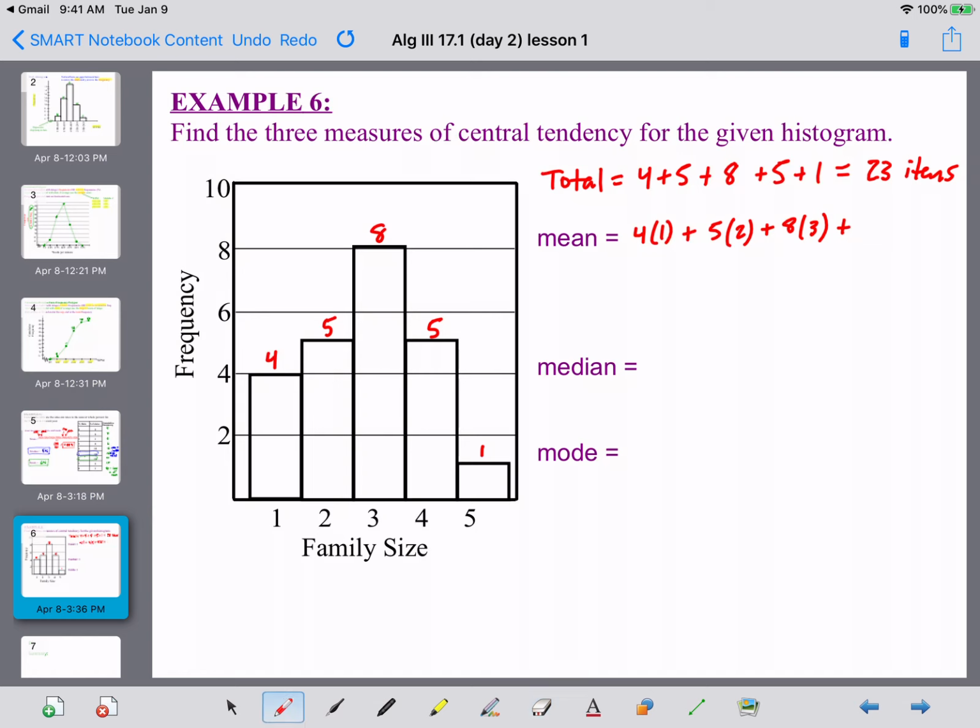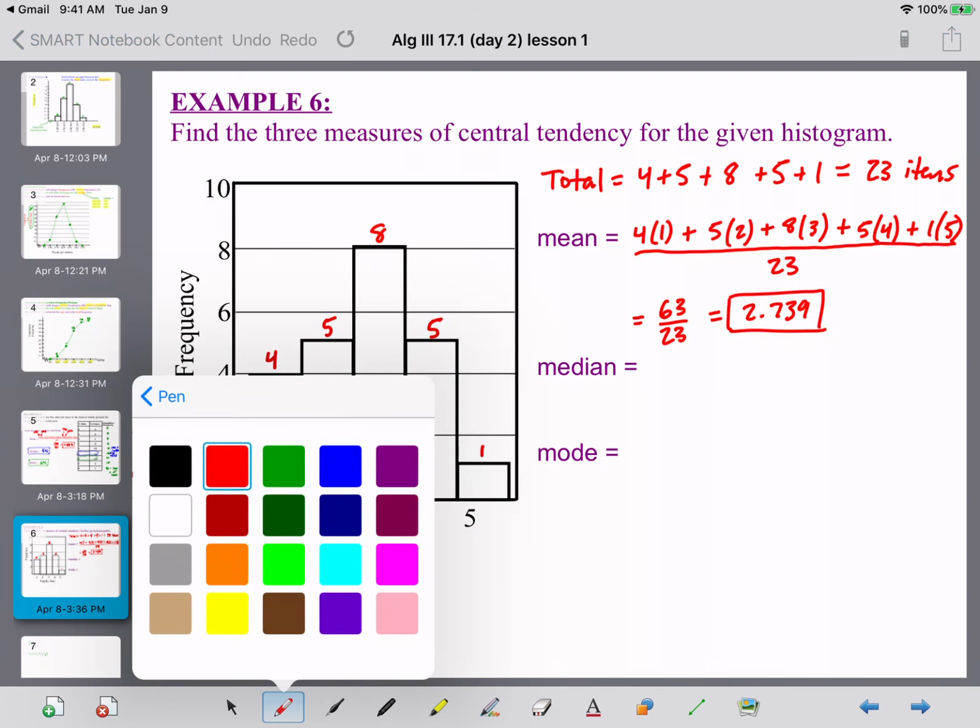It's your frequency times the data, and then 1 times 5. And we divide that by the total, which we just found was 23. So if you do this, you will end up with 63 over 23. So the mean family size is about 2.739.